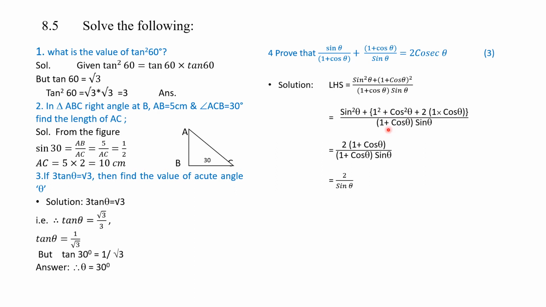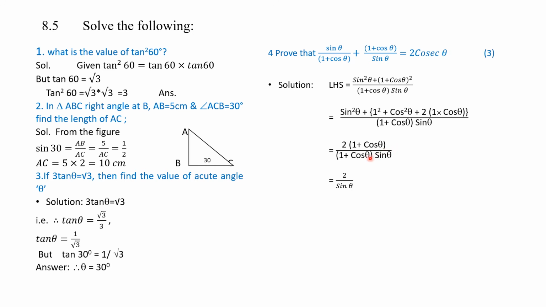Therefore, by applying the trigonometrical identity, sin square theta plus cos square theta is equal to 1, and this 1 remains as it is. Therefore, simplifying, it becomes 2 into 1 plus cos theta.